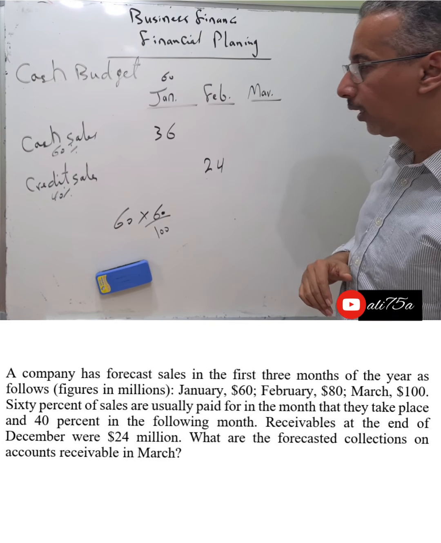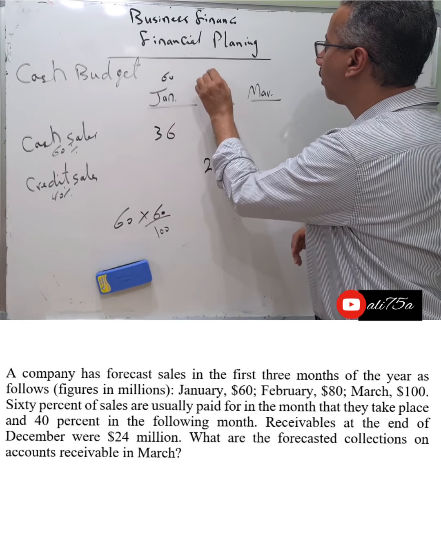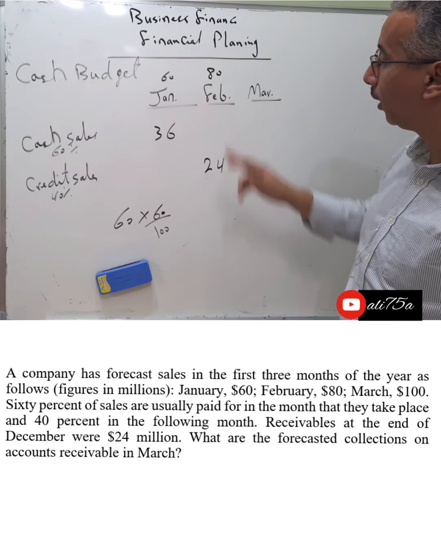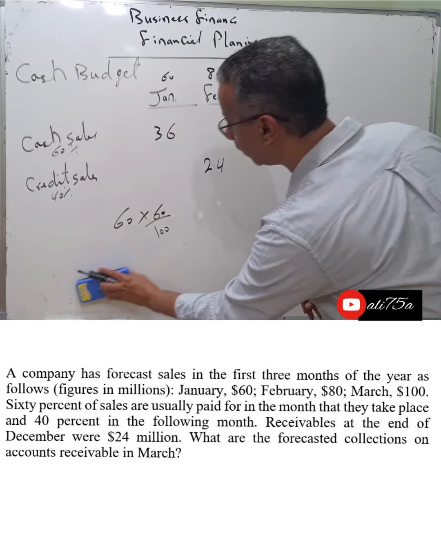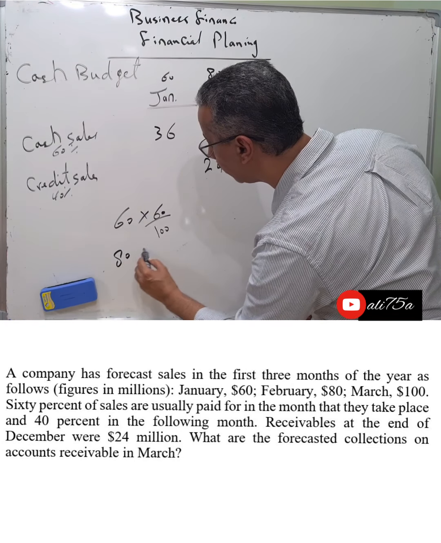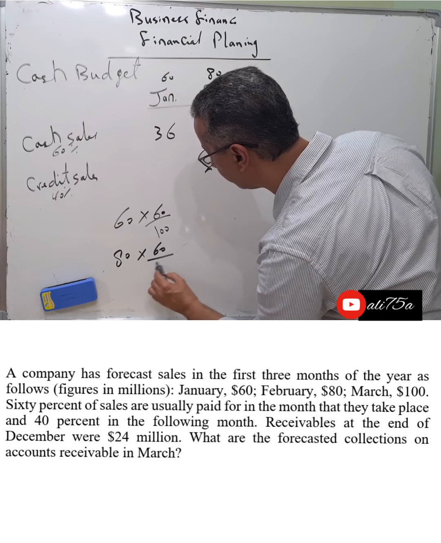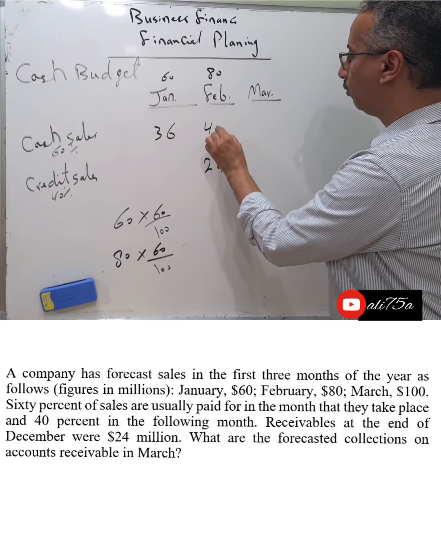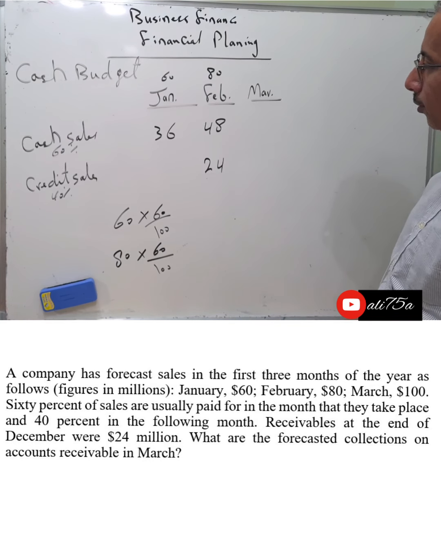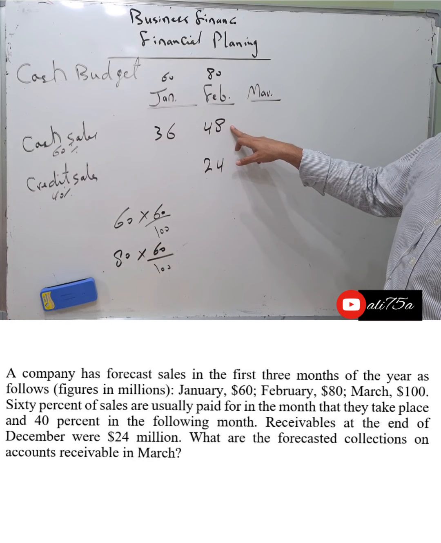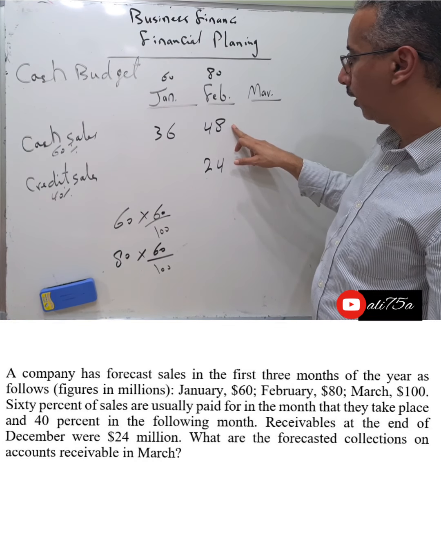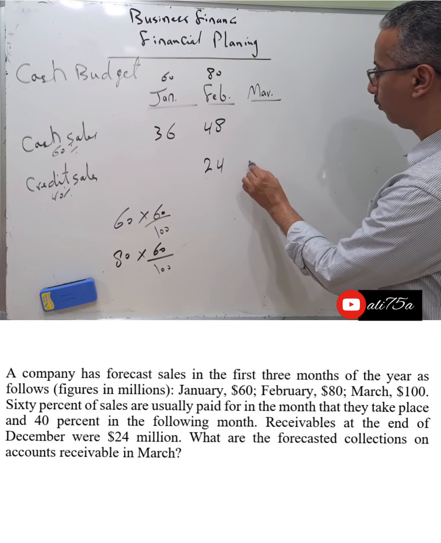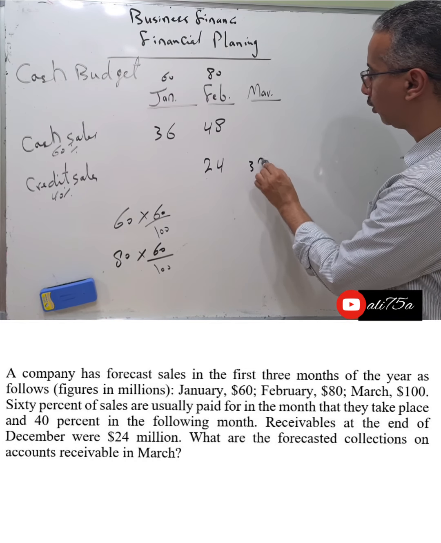Related to February, we have 80 million. They will collect 60% of it. 80 million times 60% is 48. 48 will be collected in the same month, and another 40%, which is 32.